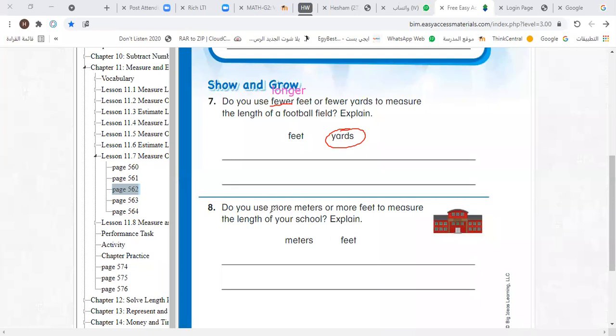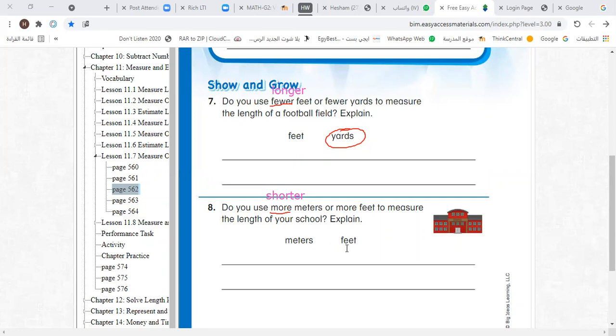Do you use more? Put a line under this word more. If you find more, remember the shorter. Do you use more meters or more feet to measure the length of your school? Which one is shorter, 1 meter or 1 foot?